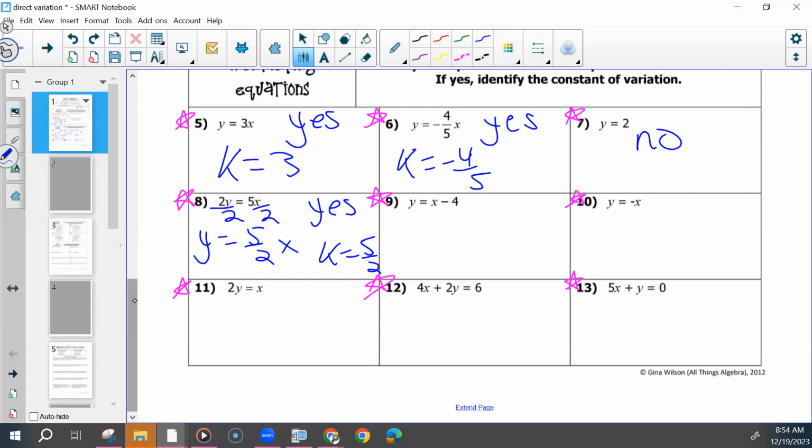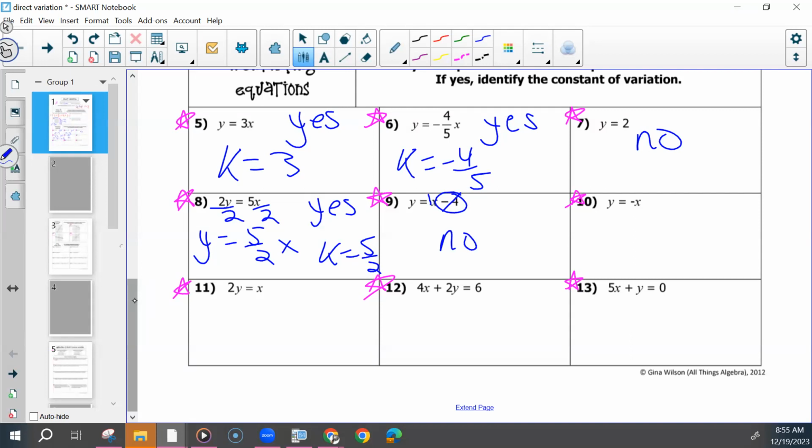Would that one be direct? No, why not? There is a k. It's invisible. It is in the correct order. So it has a y-intercept that's not 0. Because the y-intercept is not 0, it cannot be direct.